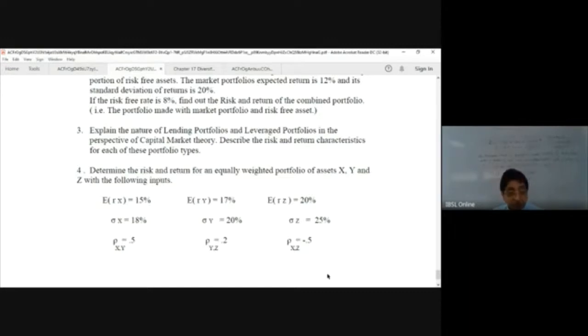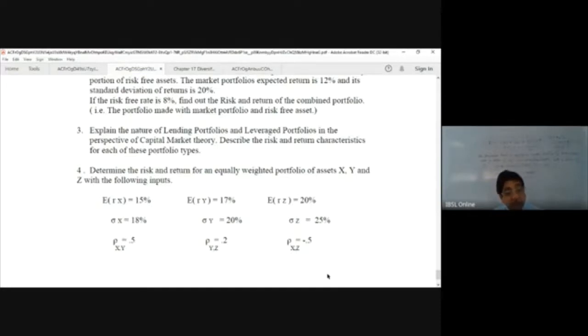Determine the risk and return for an equally weighted portfolio of assets X, Y, and Z with the following inputs. The expected returns are given: expected return of X is 15%, Y is 17%, and Z is 20%.